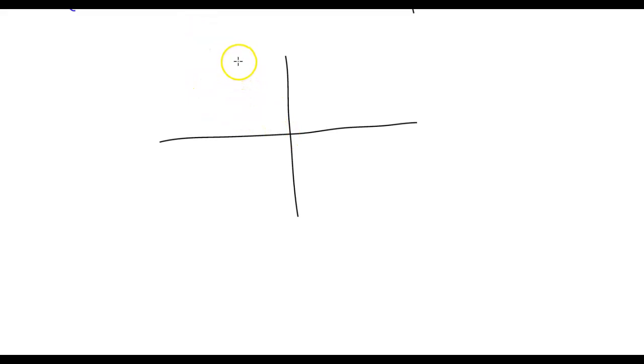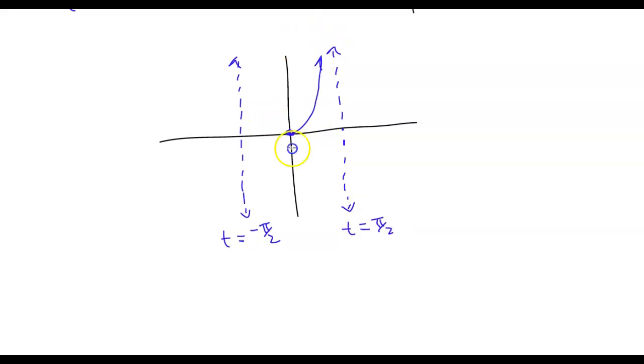And so its fundamental period is in between negative pi over 2 and pi over 2. So if I look at this as t is equal to negative pi over 2, t is equal to positive pi over 2 here, then our graph looks like this.